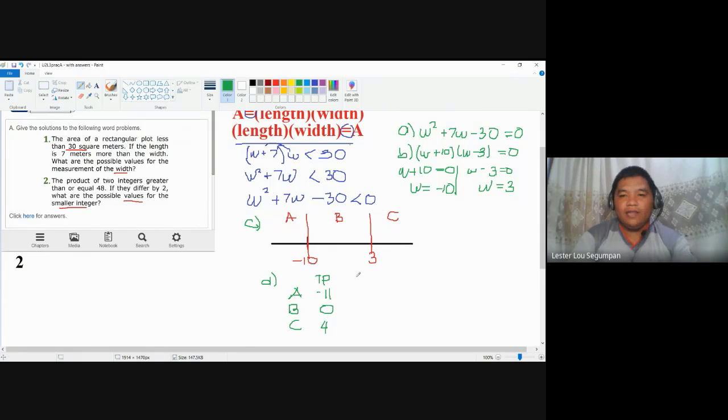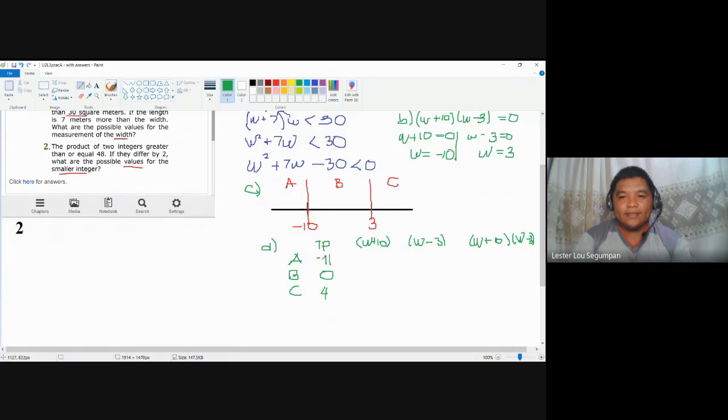So let's try to substitute it to the factors W plus 10, W minus 3, and simply multiply the results. But when we are going to multiply the results, no need for us to determine the value, but simply use the signs. So if it's negative 11 plus 10, this is negative. 0 plus 10, this is positive. 4 plus 10 is still positive. No need to get the value.